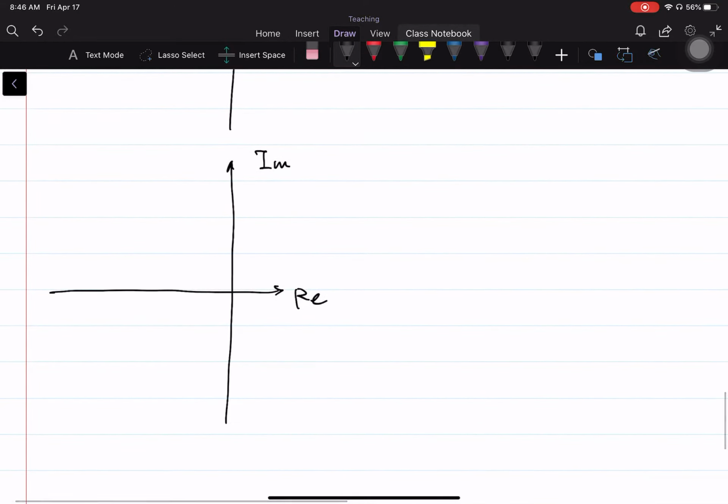Now, if we want to design a bandpass filter, one way to accomplish that is first of all, figure out what will be the frequency range that you do not want. So you want the passband to be surrounded by. Right? So let's say we want the passband or bandpass filter to be around omega naught.